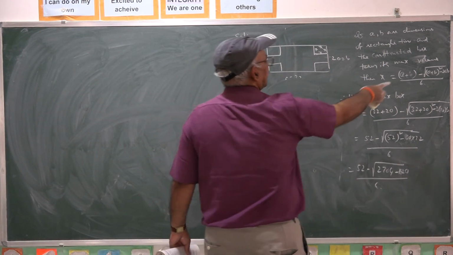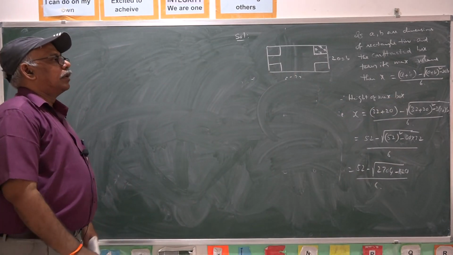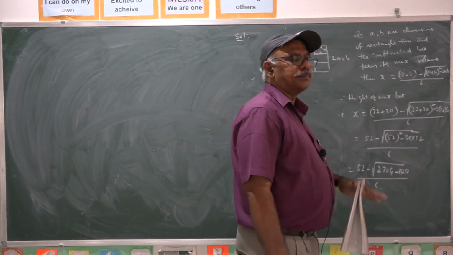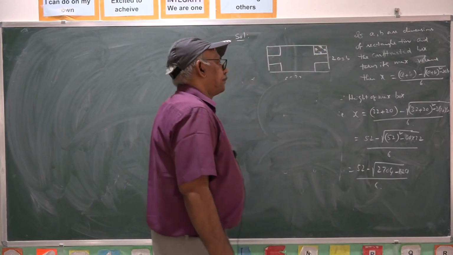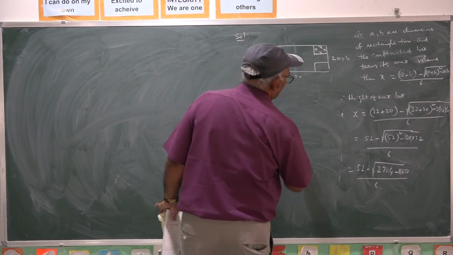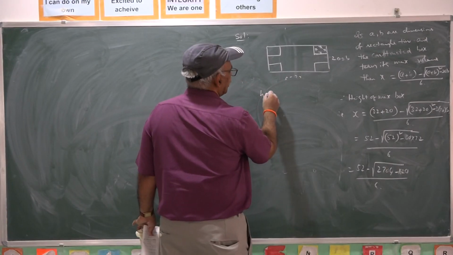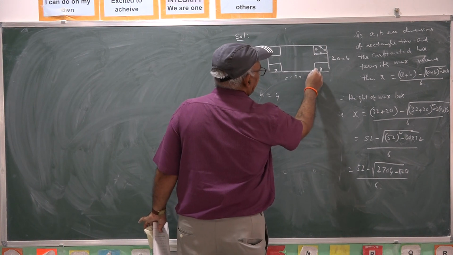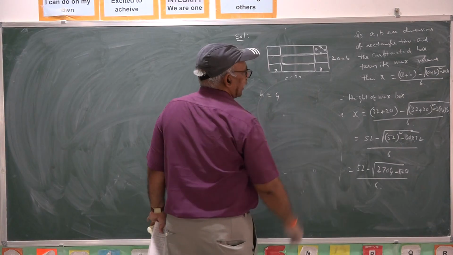So like that you have to memorize those formulas. Once you are familiar with these formulas, you need not go through the whole problem. Straight away you can find the required volume of the box also. Here x is 4, height is 4. The base is a rectangle once again.